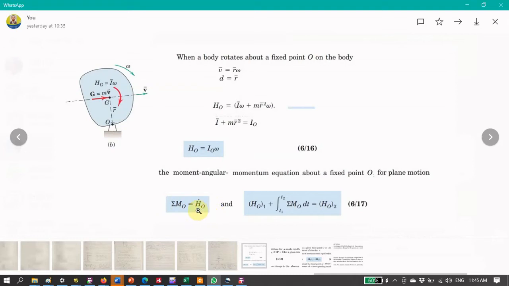And by looking at the angular impulse, if we integrate these equations, we obtain equation 6.17. So that will be the moment-angular momentum equation about the fixed point.